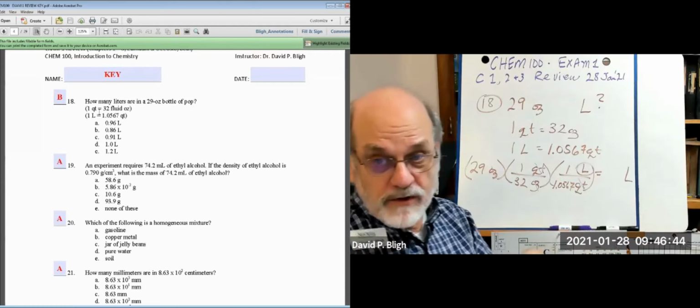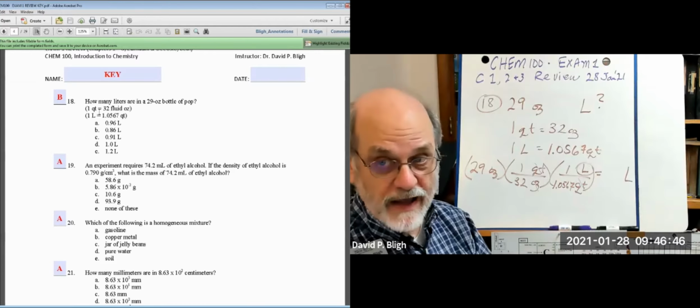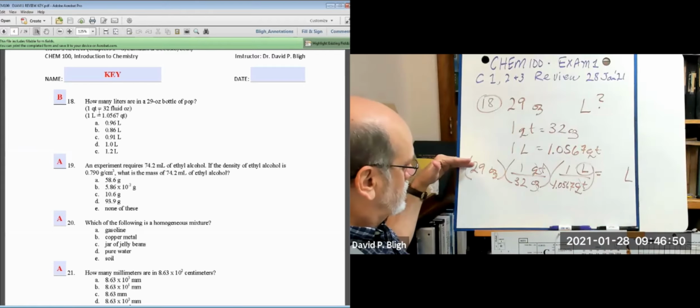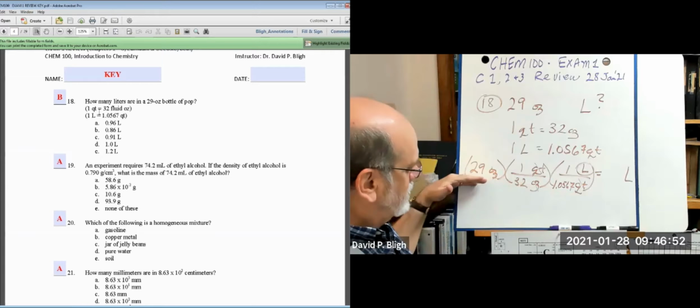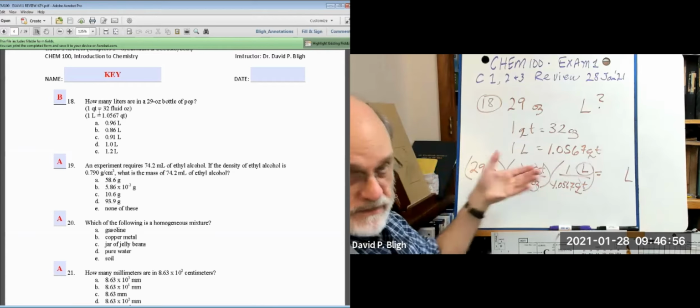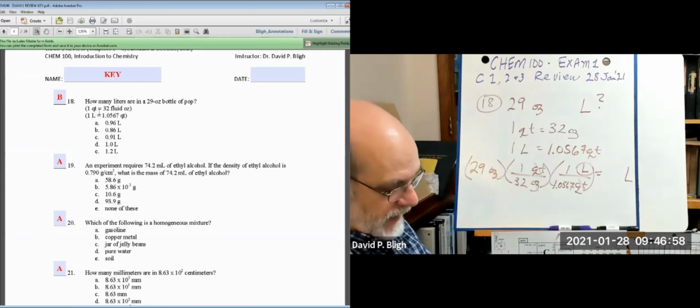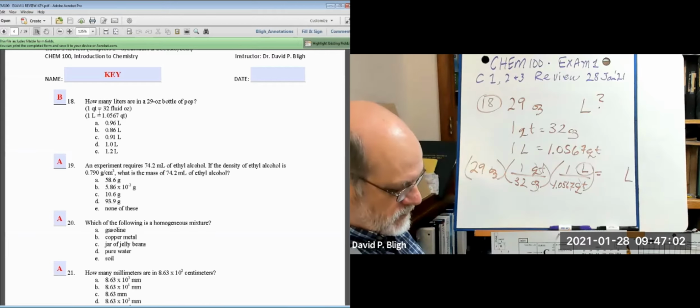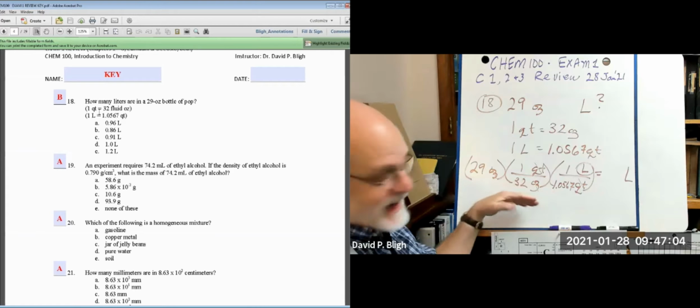Now, crunching numbers can give you the wrong answer if you don't do it right. So this is in the numerator. These are in the denominator. So we say this one times that one times that one, which is the same number, 29, divided by this one, and then divide that answer by this one.